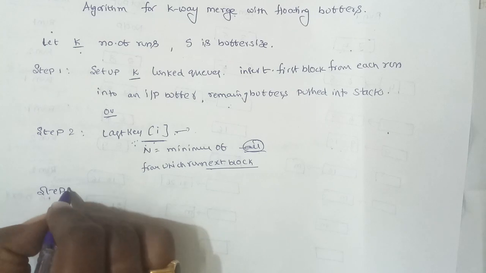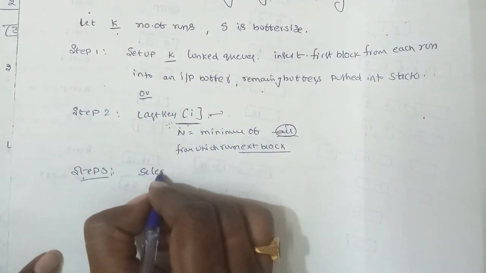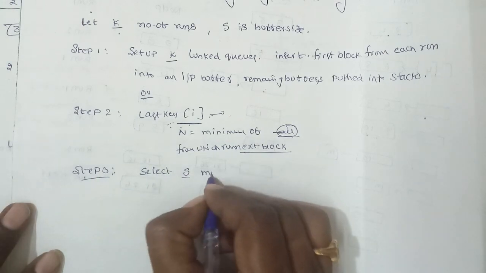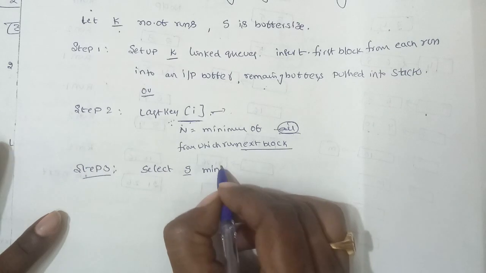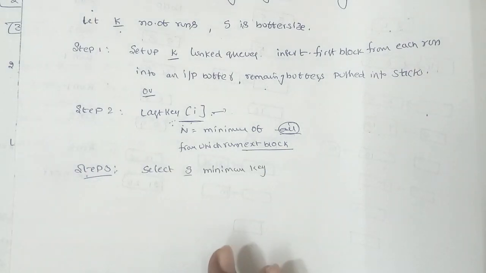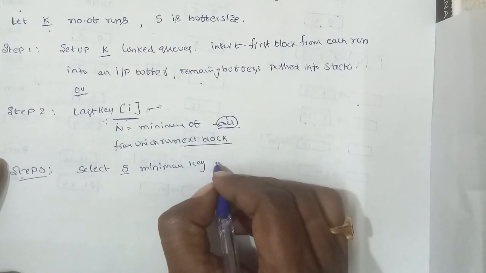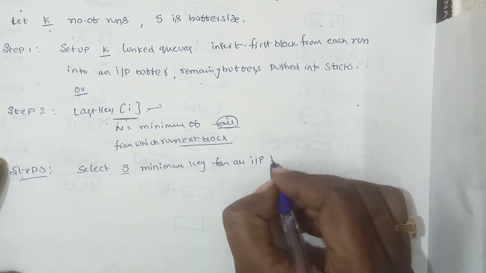And in step 3, select S minimum keys. The buffer size is S, so we select S minimum keys. If the buffer size is 3, I pick 3 elements. If the buffer size is 2, I pick only 2 elements. So select S minimum keys from all input buffers.